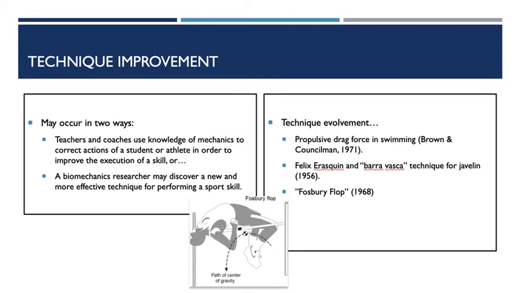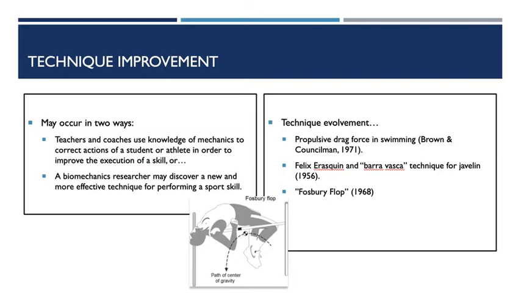The application of biomechanics to improve performance may occur in one of two ways. First, the teachers and coaches may use their knowledge of mechanics to correct actions of a student or an athlete in order to improve the execution of a skill. Or two, a biomechanics researcher may discover a new and more effective technique for performing a sport skill.